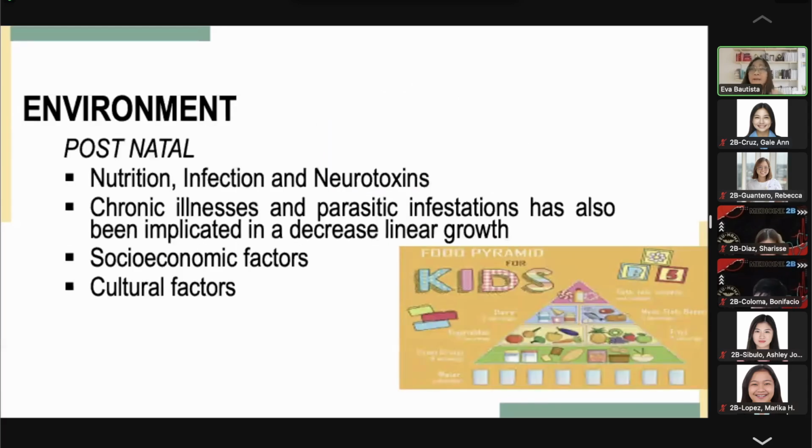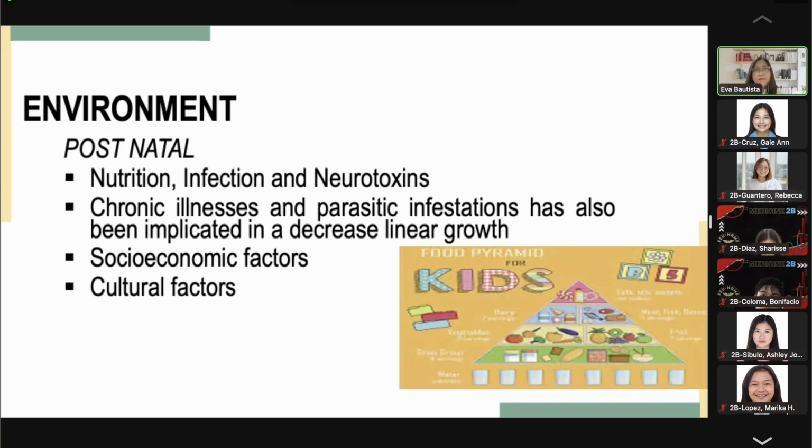Postnatally, you are familiar with the importance of the first 1,000 days of life, which starts in utero and continues during the first 2 years of life. So the impact of nutrition is very important. But other factors are recurring infections, repeated infections, and neurotoxins from organisms causing infections.